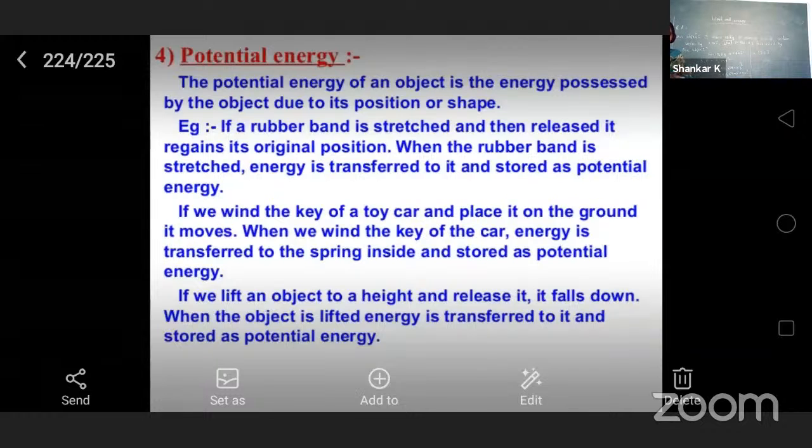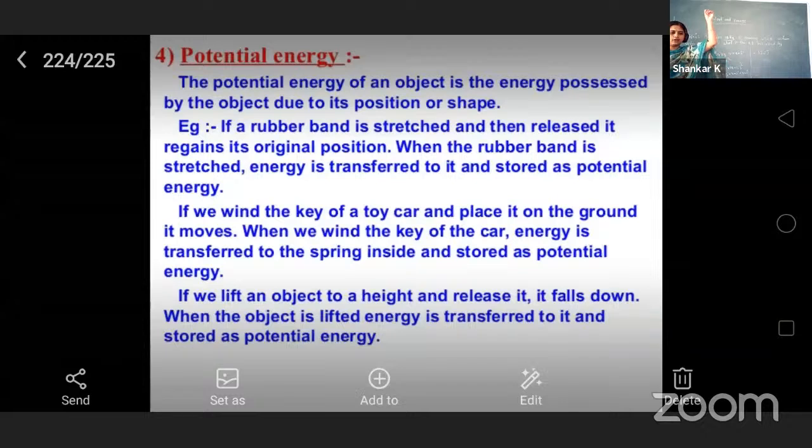Another example is that if we lift an object to a height and release it, it falls down. When the object is lifted, energy is transferred and stored as potential energy here also.